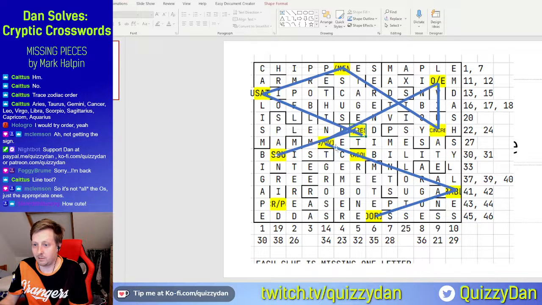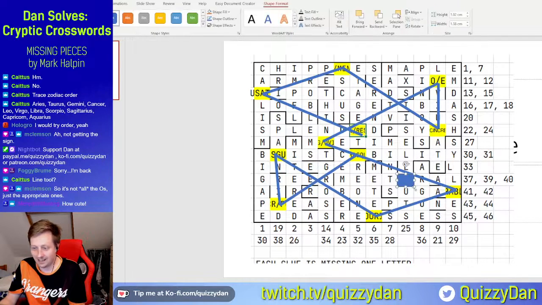Then you go up here to Sagittarius. And then Capricorn, which is down here. Yep, that's Capricorn. And then we are over to Aquarius. Yep, that is fine. Aquarius here. So we're going to fill this O. We're going to shade that with a lovely colour.